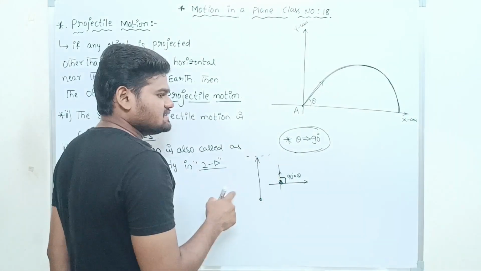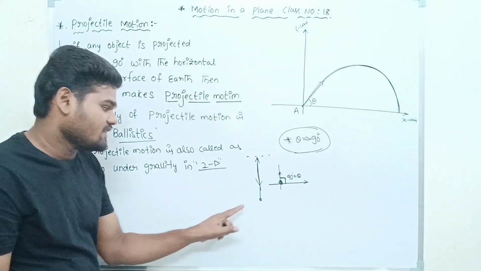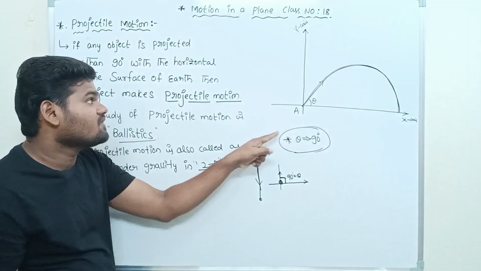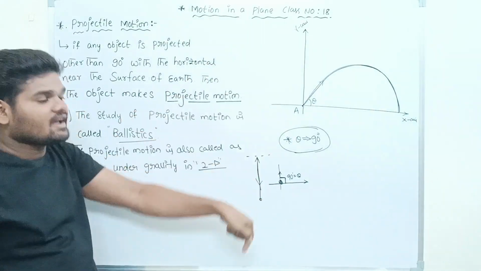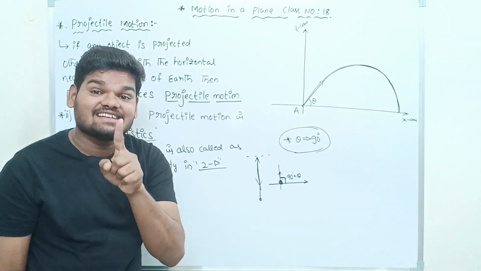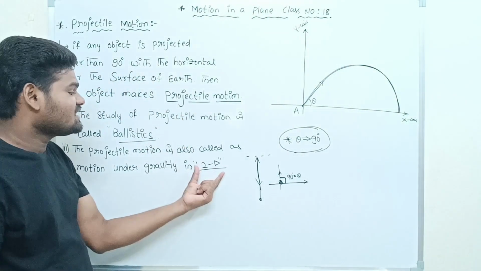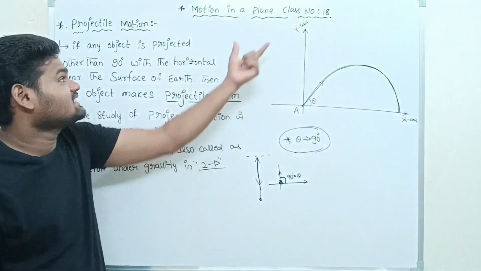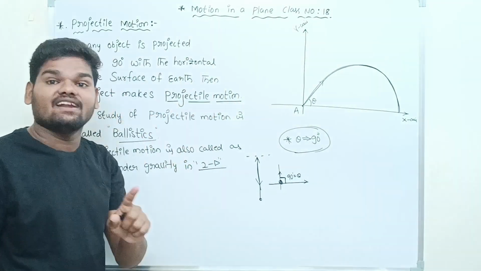After it reaches the maximum height, it again reaches the ground. It is making a one-dimensional motion. What we need is a two-dimensional motion of an object, motion in a plane.